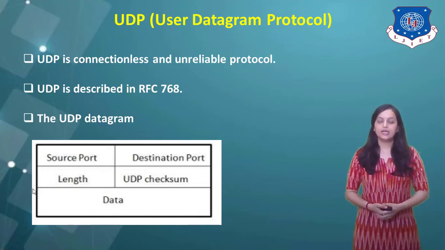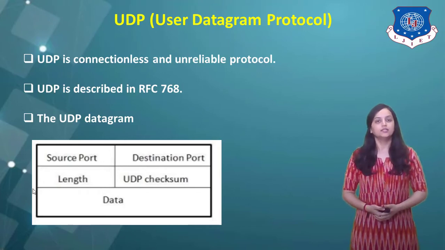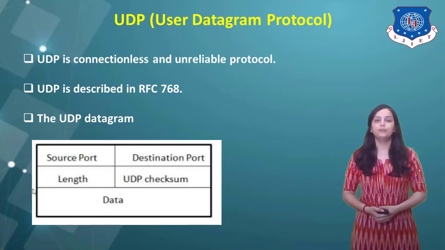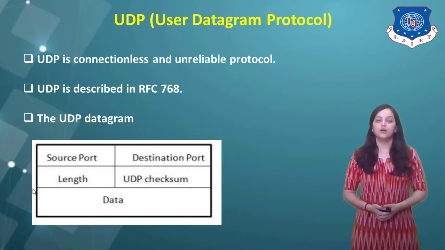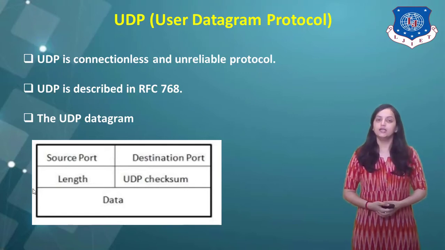The first field is the source port, the second field is the destination port, the third field indicates the length field, and the fourth field is the UDP checksum field. The source port field is of 16 bits and the destination port is again of 16 bits. This makes the total of 32-bit structure.